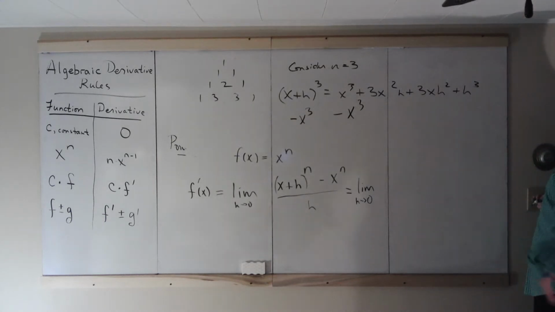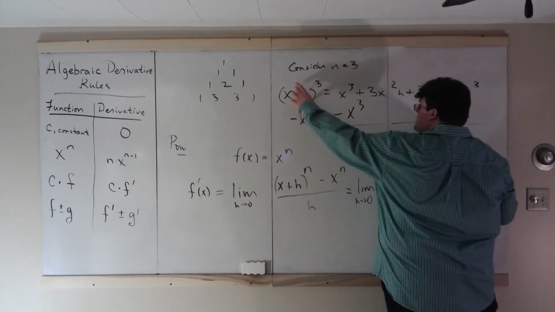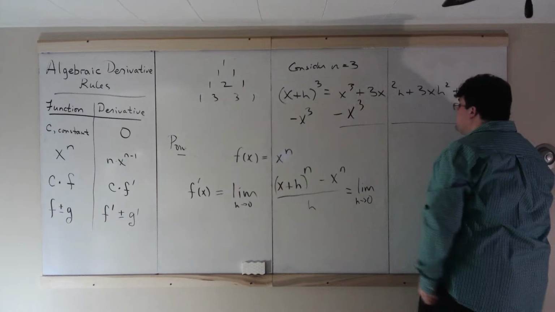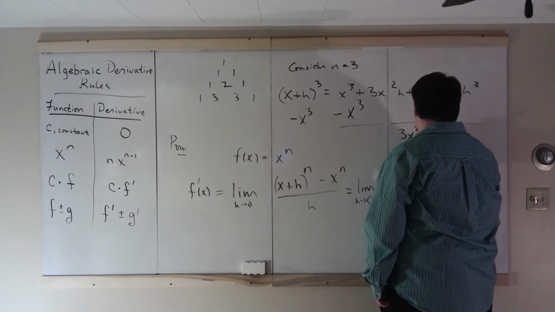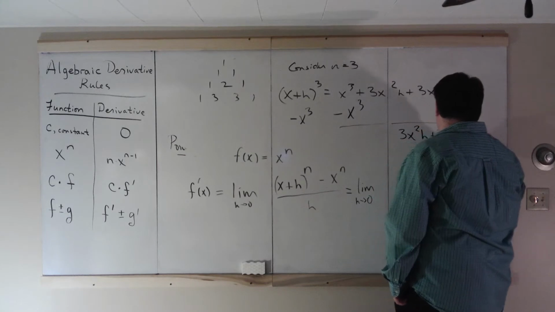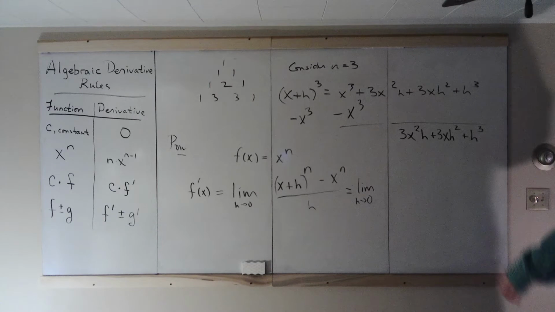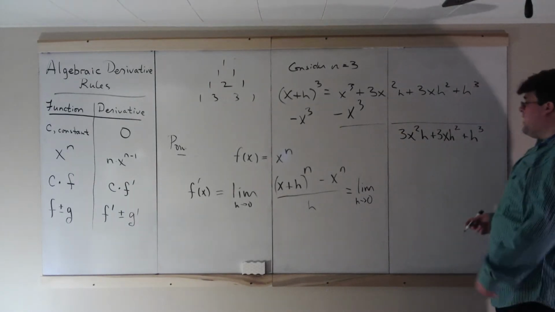So when n equals 3, the numerator, which is x plus h cubed minus x cubed, would equal just that. So how would we simplify?